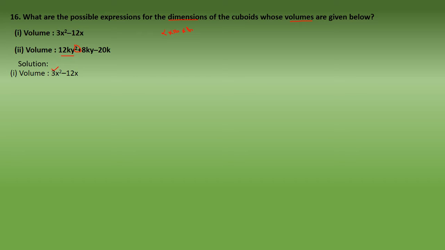Other thing common is x, so we take 3x common. After taking 3x out of both terms, we get 3x into x minus 4.